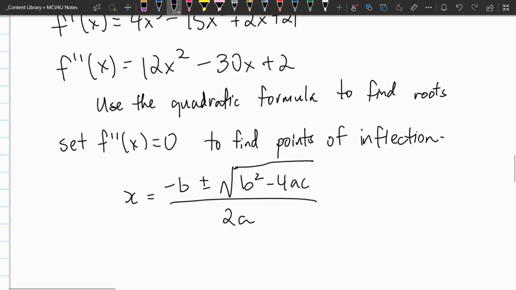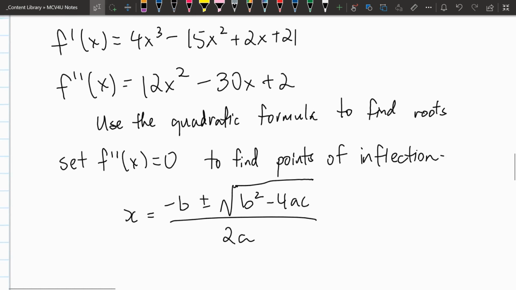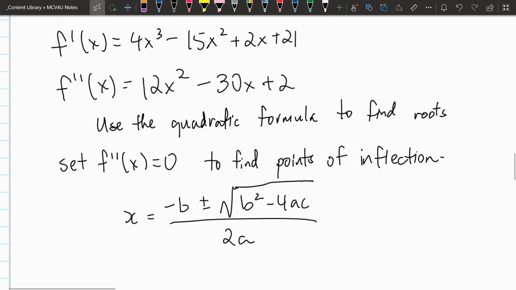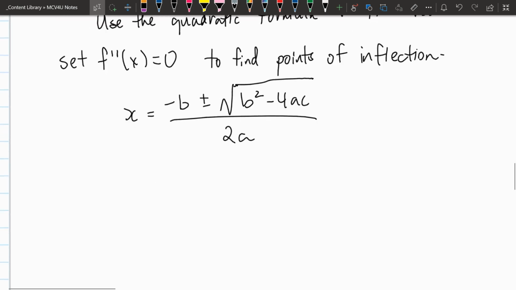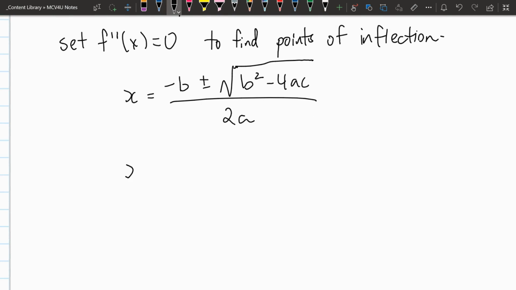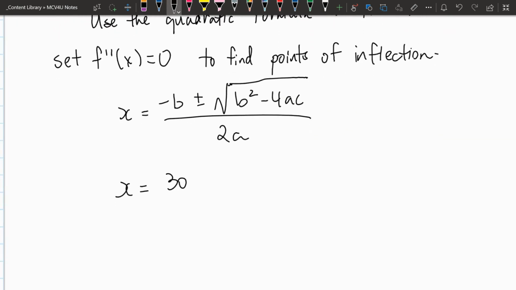Okay, so let's plug in the values here. X equals negative b, so negative of negative 30, which is positive 30, plus or minus the square root of negative 30 squared, minus 4 times a, which we said was 12, times c, which is 2.